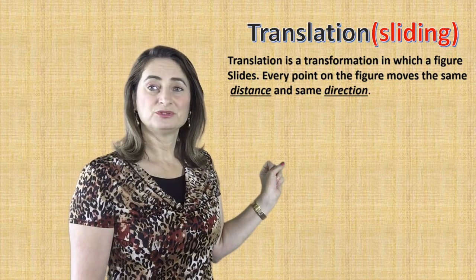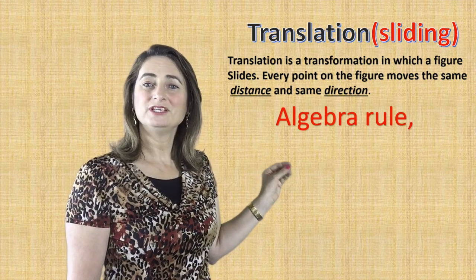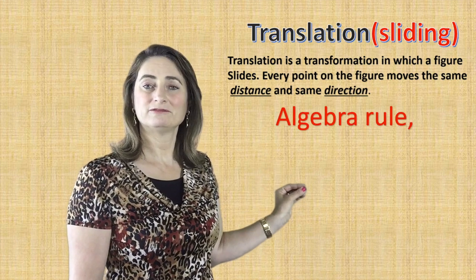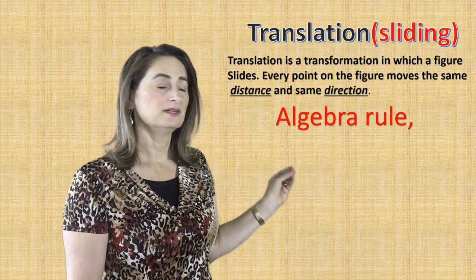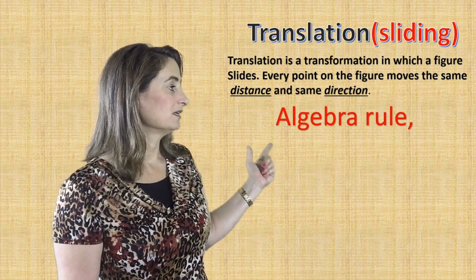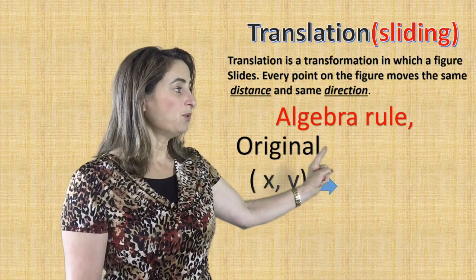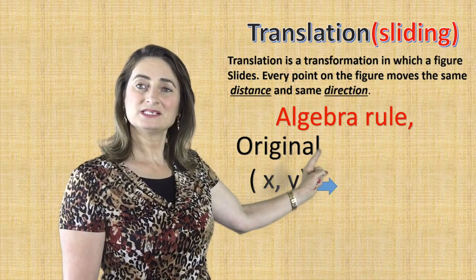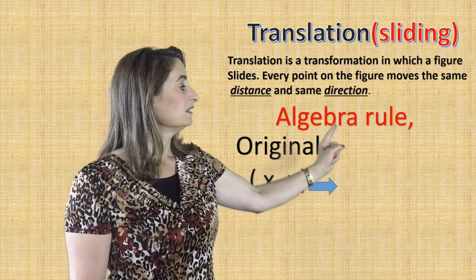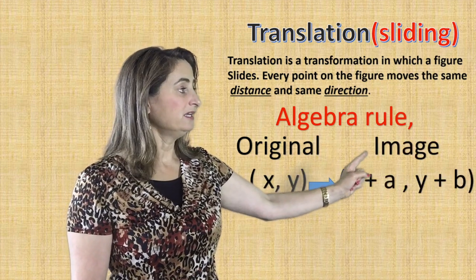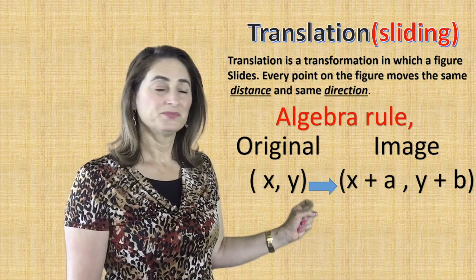An algebra rule that you will be using to graph each coordinate on a coordinate plane from the original to the image, you will be using this: x and y, which is the original, to translate that point some distance, some direction, x plus a and y plus b.